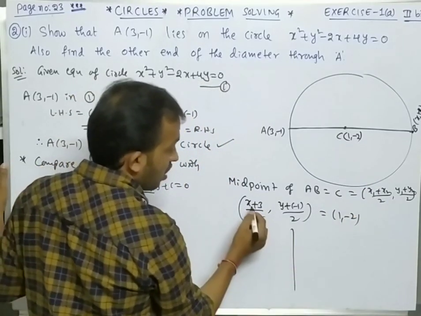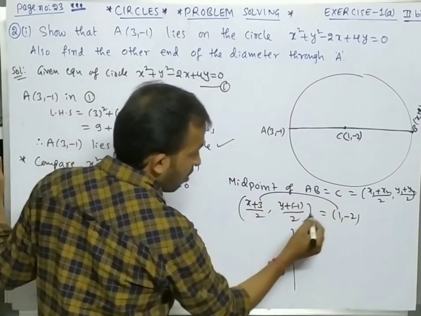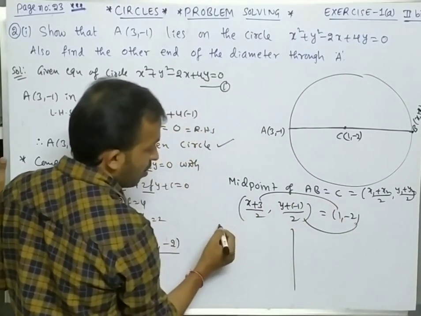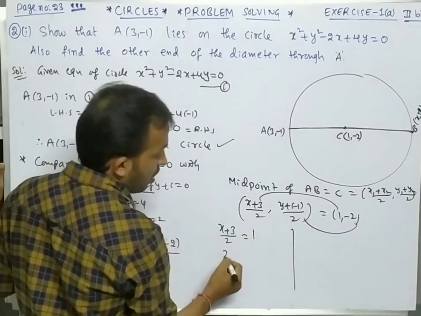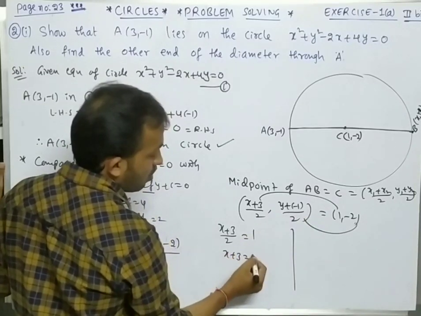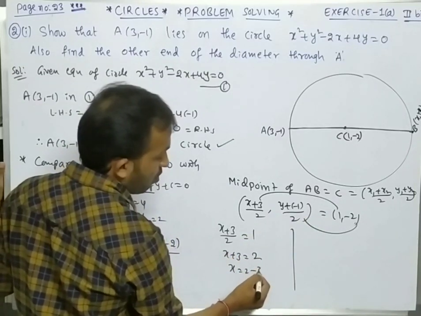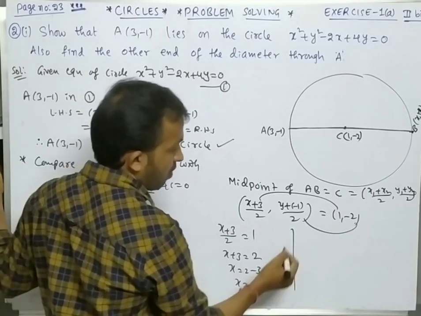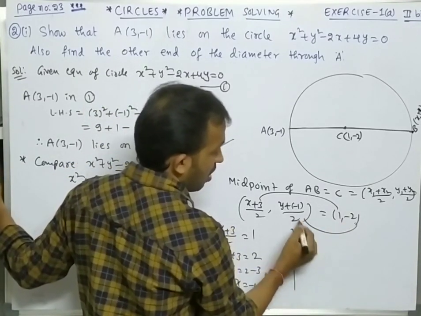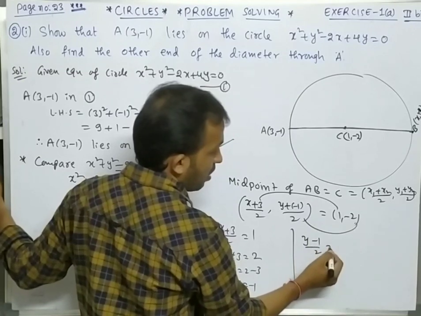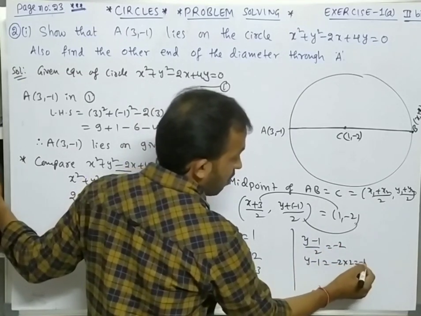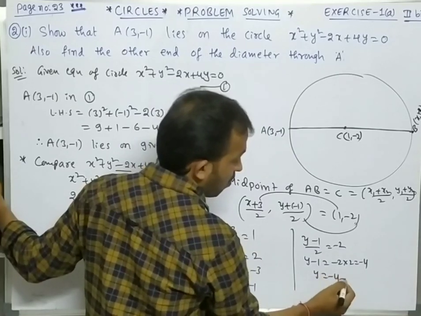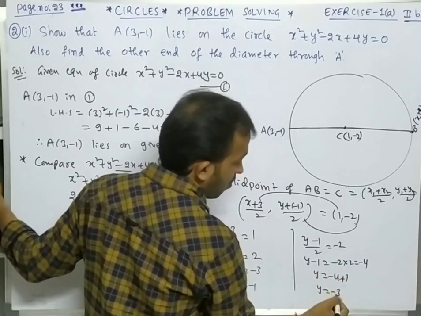Now compare the x component and y component. So (x plus 3) by 2 is equal to 1. From this, x plus 3 is equal to 2, x is equal to 2 minus 3, x is equal to minus 1. Next, compare these two also: (y minus 1) by 2 is equal to minus 2, so y minus 1 is minus 4, y is equal to minus 3.